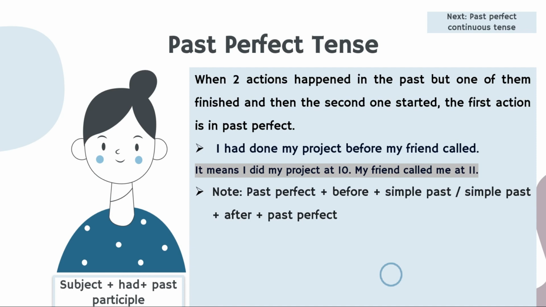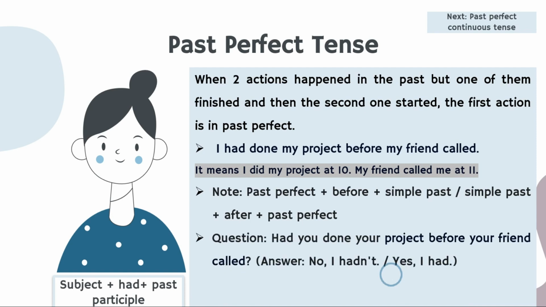To make questions, we say, had you done your project before your friend called? And the short answer actually is no, I hadn't, or yes, I had. So for making questions, the formula is that we change the place of had with the subject, and the had comes first.